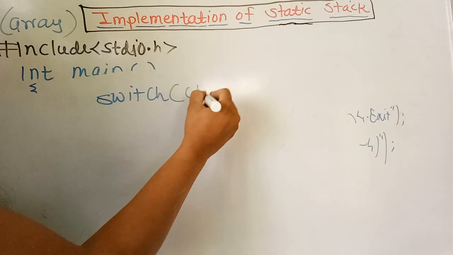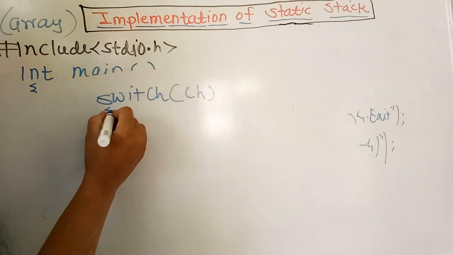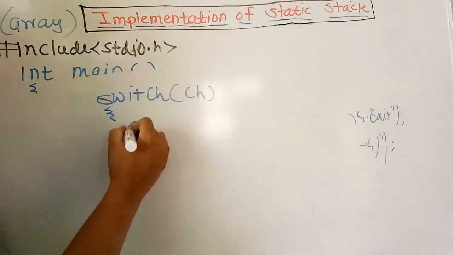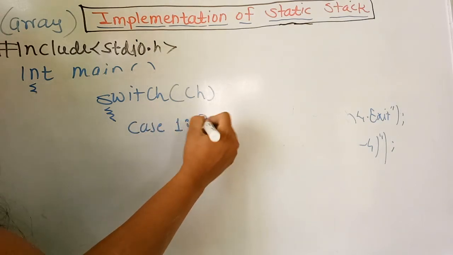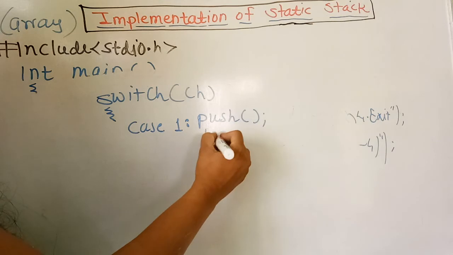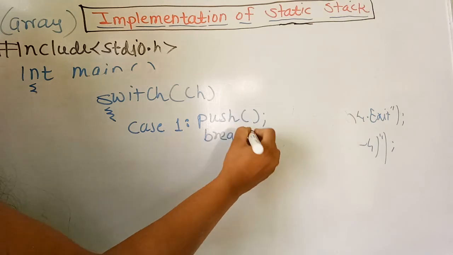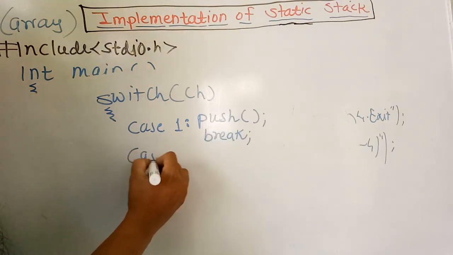Now, as there are four options, we can take four cases. For example, in case 1, we only call the push function and simply break. Then for case 2, we only call the pop function, then break.